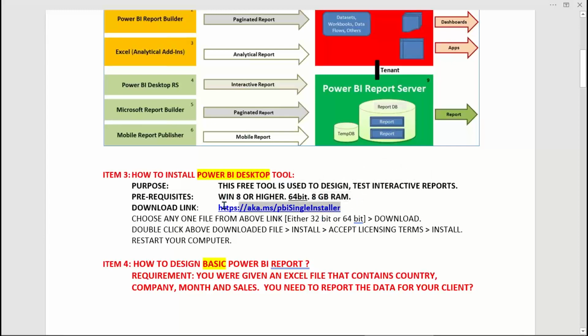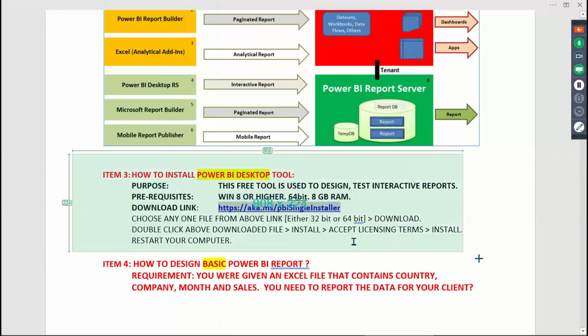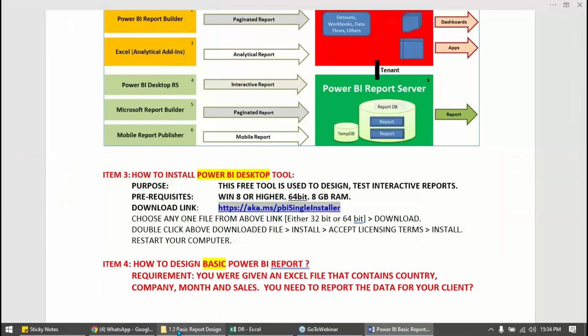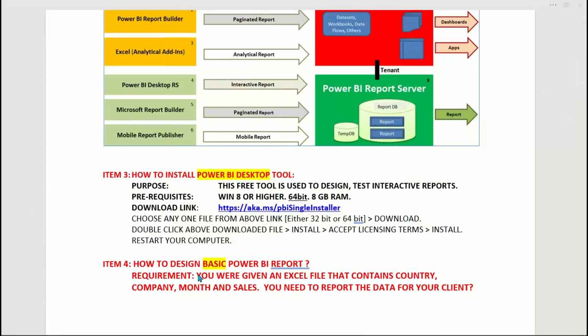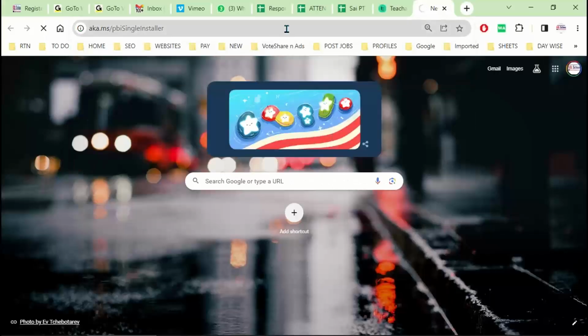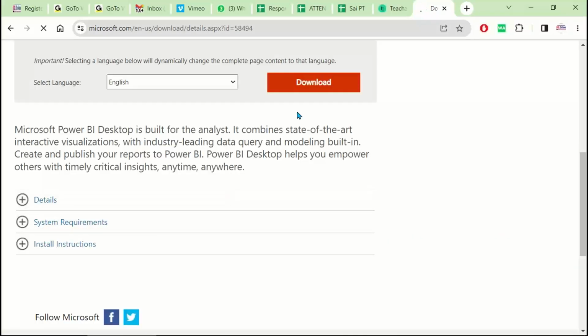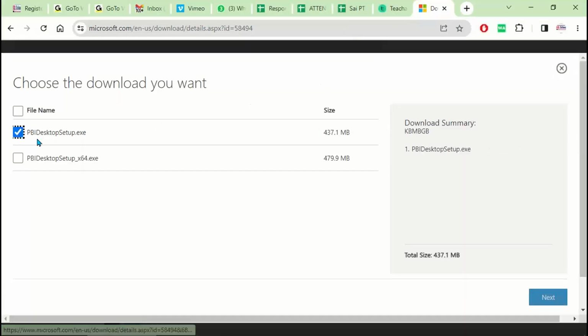Download link. Go to this particular website link. So here we go. It will take you to one Microsoft link wherein you simply click download. 64-bit, 32-bit.